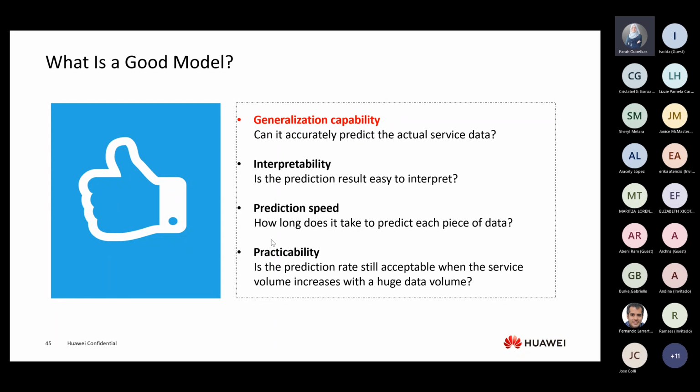With the loss function, we see the validation loss and the training loss, and we can conclude from there whether our model has better generalization or not. We can also see the interpretability: are the prediction results easy to interpret? We can see the prediction speed: how long does it take to predict each piece of data?